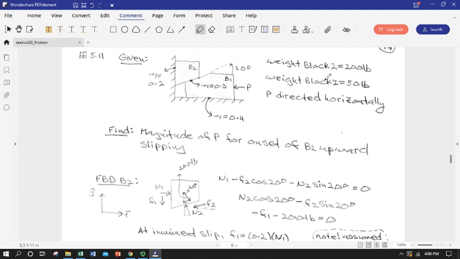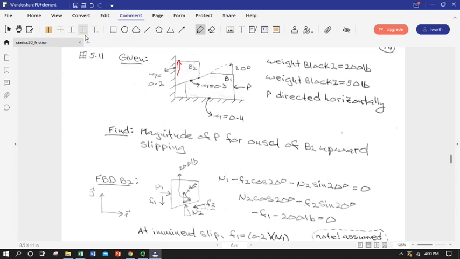We have weights of the blocks. P is directed horizontally. And somebody wants to know, how hard do we have to push for onset of slippage of B2 upwards? Because of this angle, as we push block 1 to the left, we're basically giving an upward force on B2, and at what point does B2 just barely want to start sliding up?